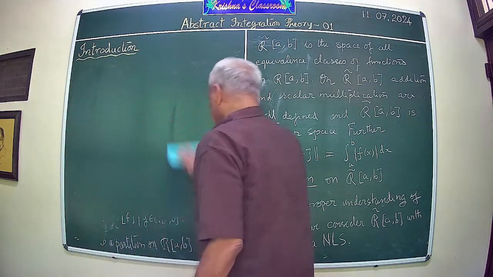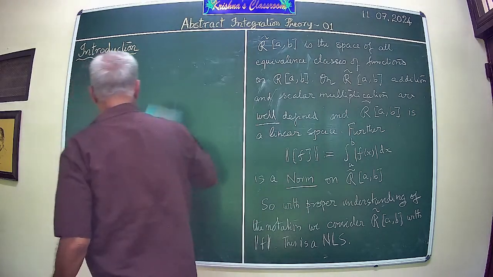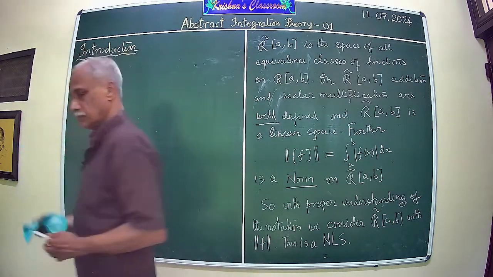Having got a normed linear space, now you can talk about what are called distance.